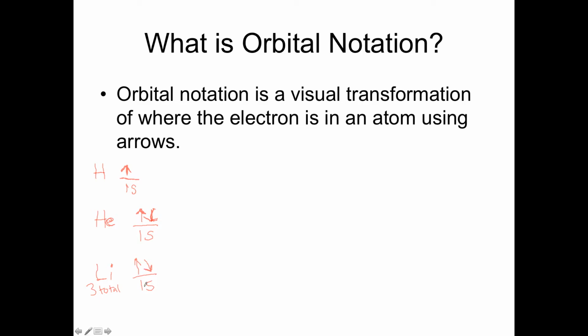Once it's filled, I have to bump up an energy level. This is where we read the periodic table like a book. After 1s comes 2s. Another line, this time I'm going to label it 2s. I need one more arrow. I'm going to draw my arrow up.